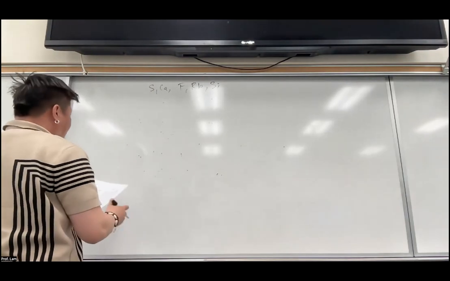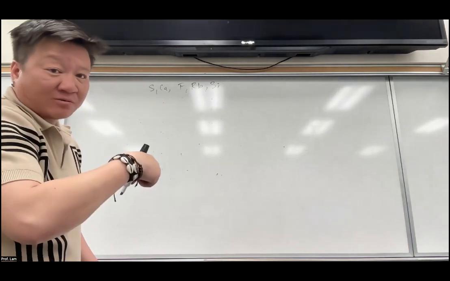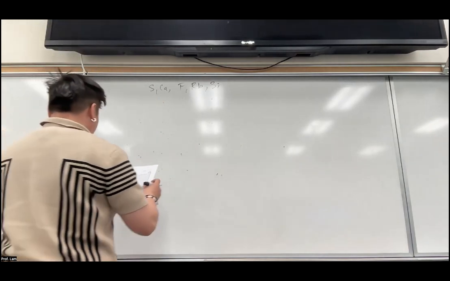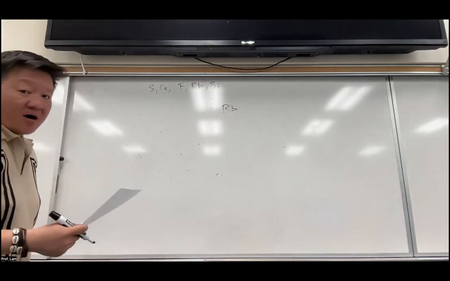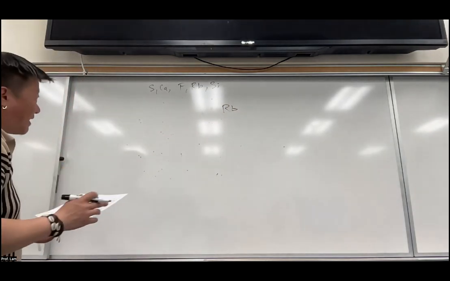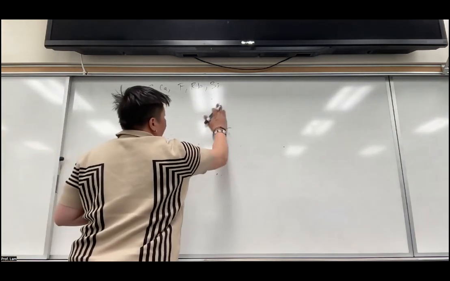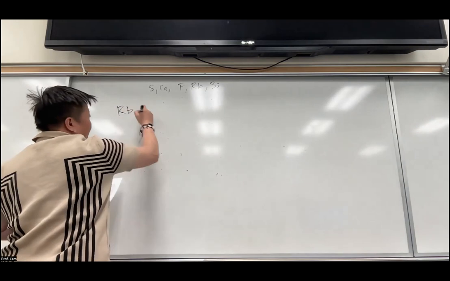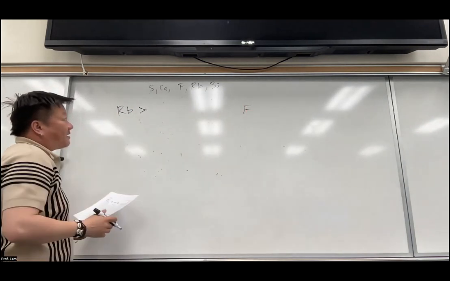All right, so biggest, I know the biggest elements are going to be to the left and down, okay? So that's going to be rubidium. I know it's going to be here. And then the smallest is going to be up and to the right. That looks like fluorine, right? So we're doing decreasing, so rubidium first, and then fluorine, right? Biggest to smallest, greater than sign.